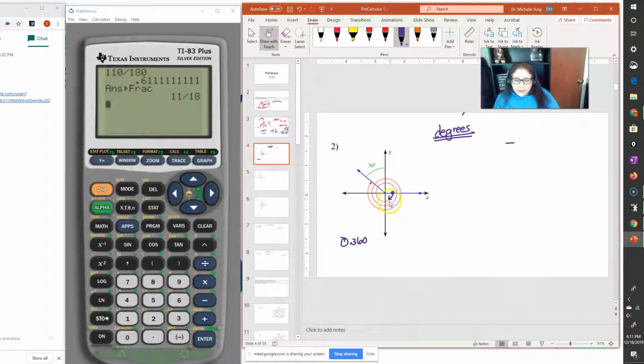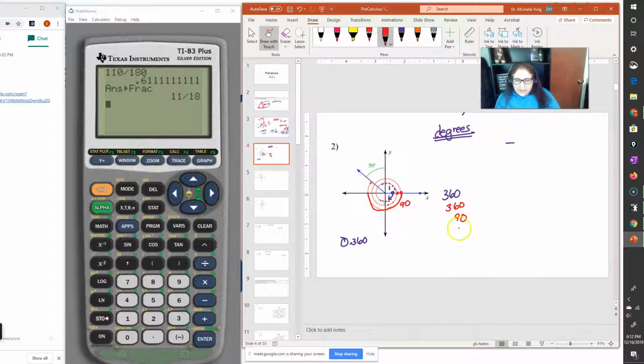I also know that every time I go around, it's going to equal 360 degrees. So if I go here, I go one time, so I've got 360 there. Then I just do it again. I start where I left off. There's another 360 degrees. Then I keep going. Well, here is 90.